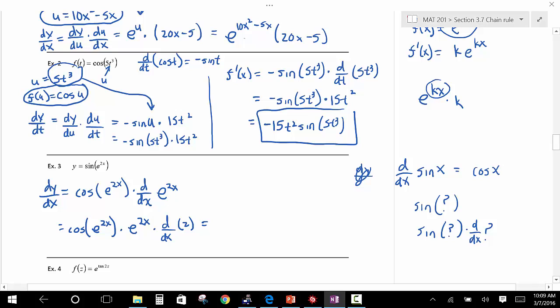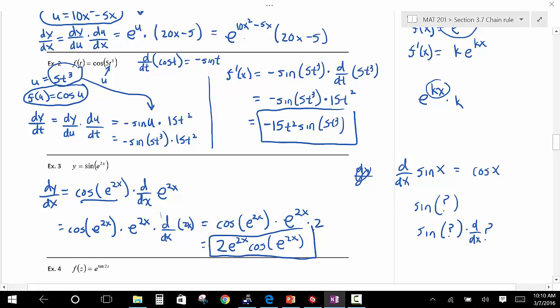So the derivative of 2x is going to be 2. Your final answer would be the cosine of e to the 2x times the derivative of e to the 2x, which is e to the 2x times 2. So the best way to write this is 2e to the 2x times the cosine of e to the 2x, like that.